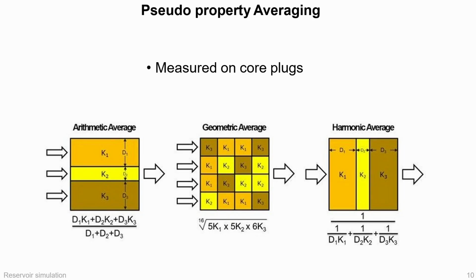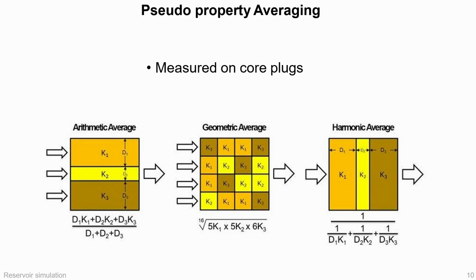Here we compare arithmetic, geometric, and harmonic averages for permeability. Arithmetic averaging is often appropriate when flow is parallel to layers. Harmonic averaging is often appropriate when flow is perpendicular to layers and low permeability layers dominate resistance.